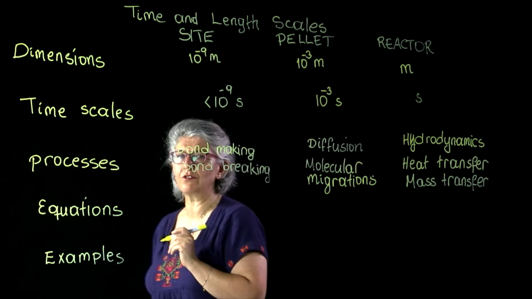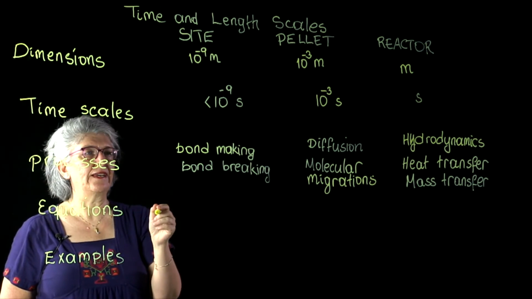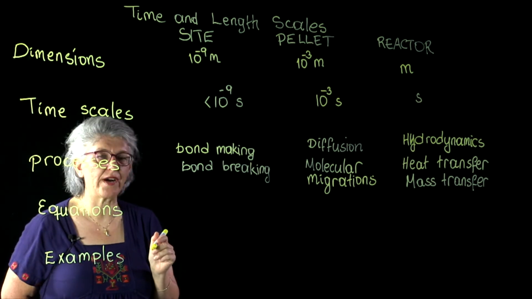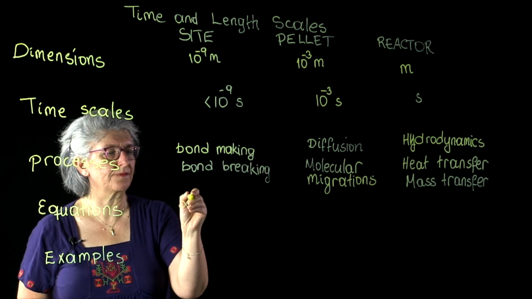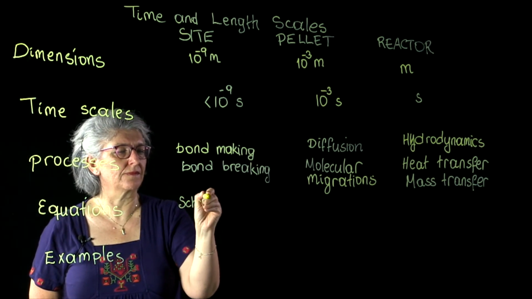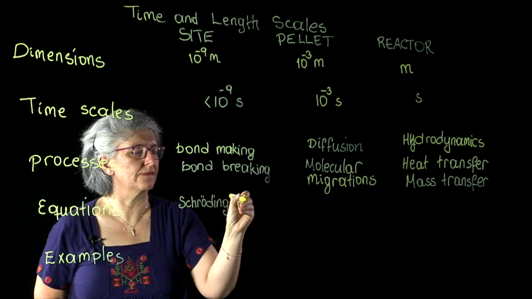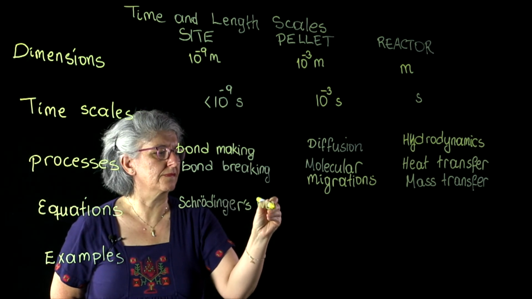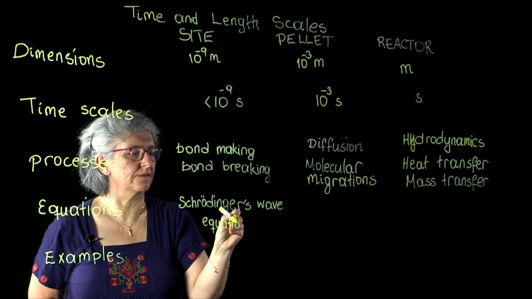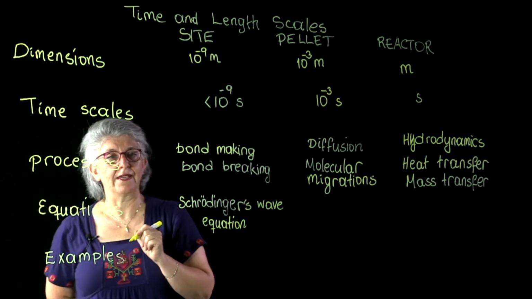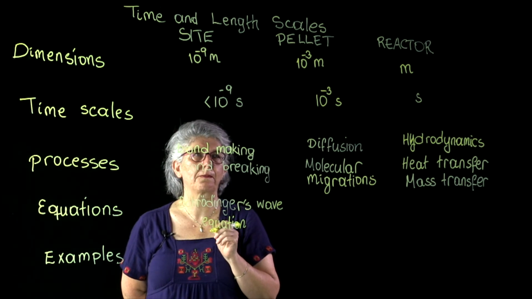Now, which equations do we need to solve in order to have a grip of these events? Bond-making, bond-breaking events require electron transfer, and we have to solve Schrödinger's wave equation. All right. And of course, one of its many approximations.